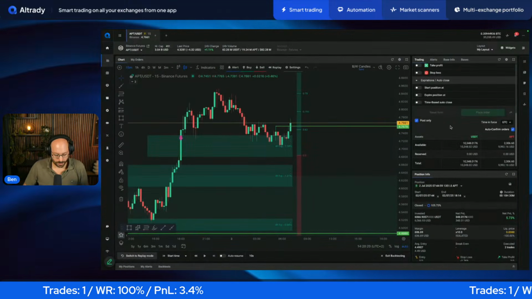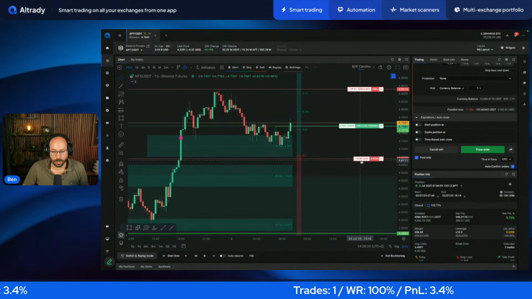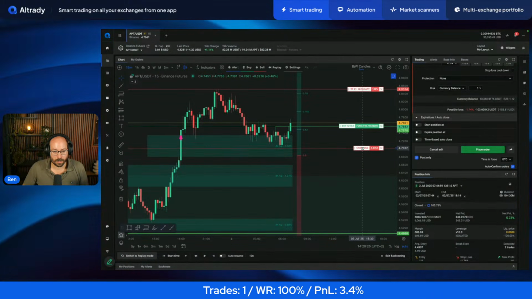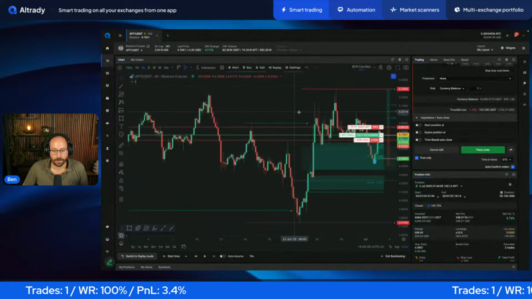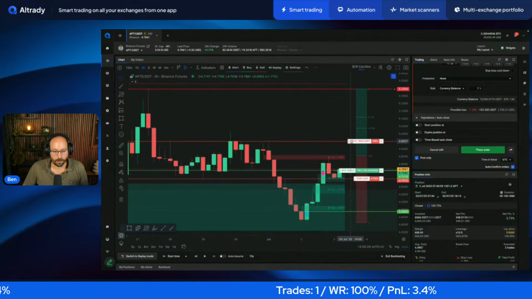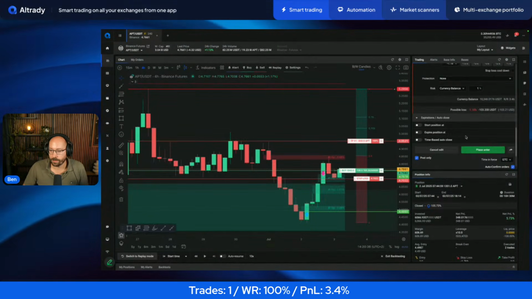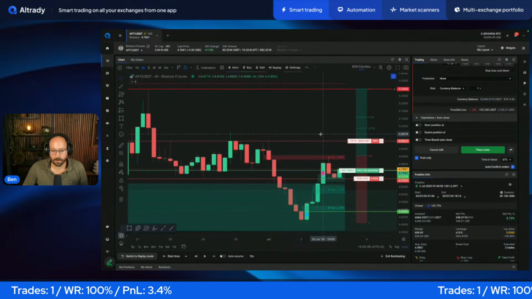Okay, that's our cue. So we use the short key to set up our long position. And then we look for a target. So on the 4 hour, this is the first target. That's already a nice 3.5.